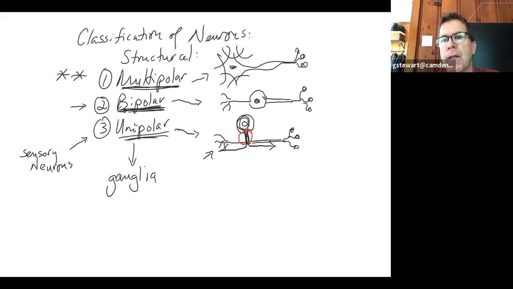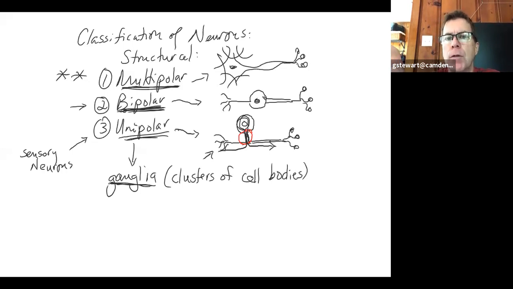This word, ganglia, just means clusters of cell bodies. So we have neural ganglia in our peripheral nervous system, mostly of our sensory neurons carrying impulses toward the central nervous system. All right, that's structural classification.